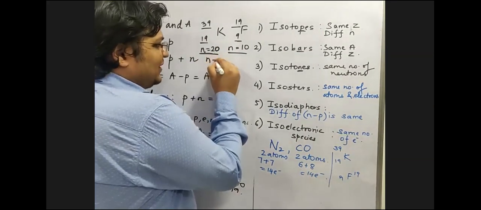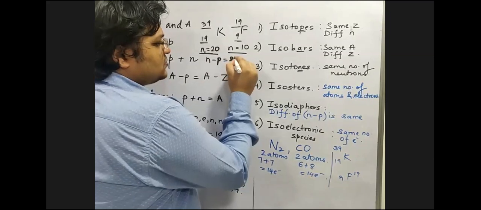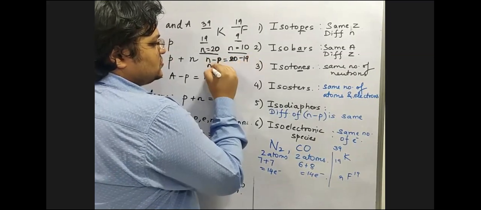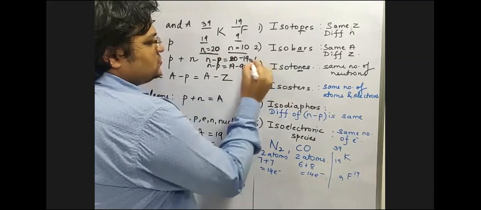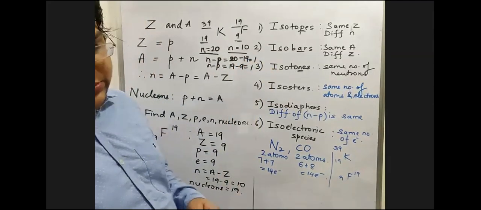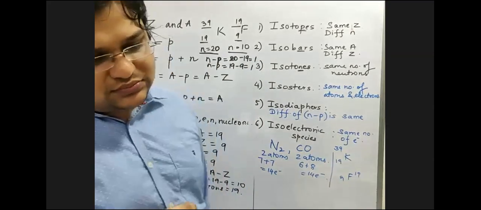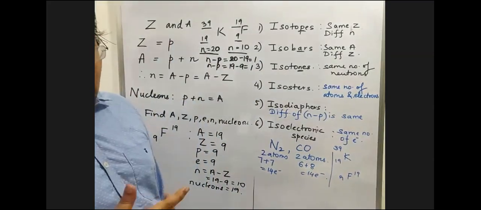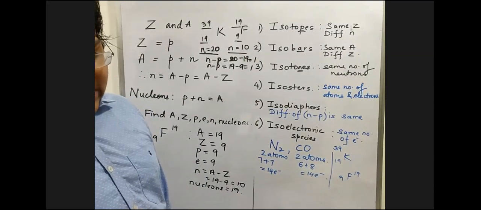Now calculate n minus p. What are they now? Isodiaphers. Clear है आपको?